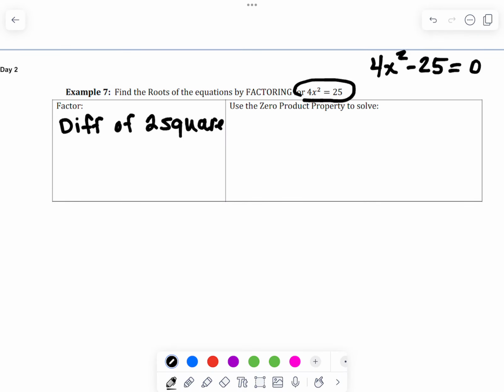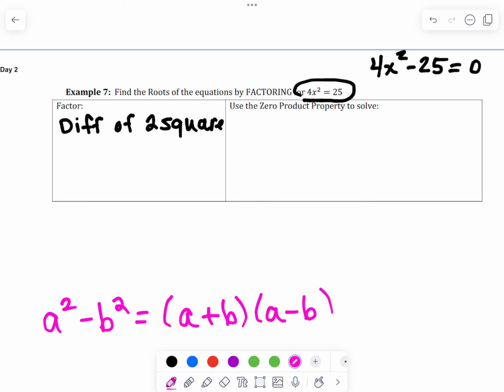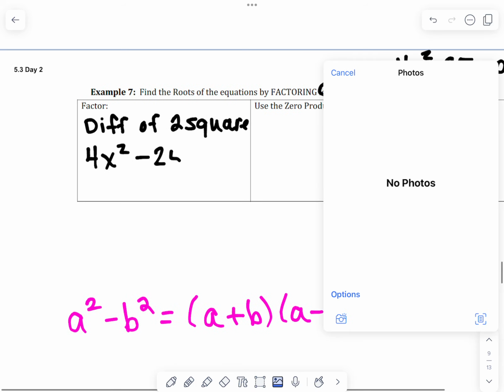Remember that rule is if you have a perfect square minus another perfect square in factored form, it'll be a plus b, quantity a minus b. So I'm going to rewrite the expression as two perfect squares.